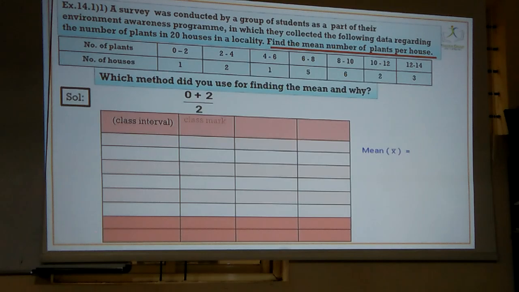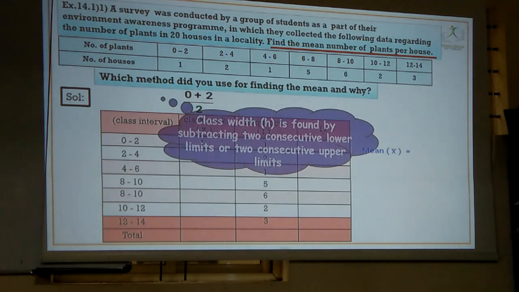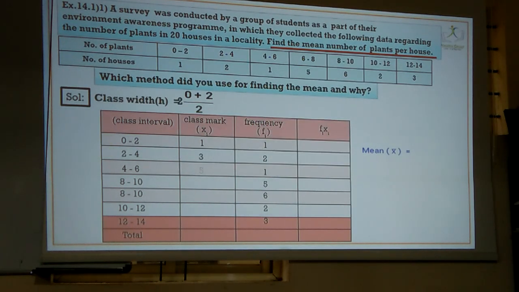For the class interval, fill the table with class marks, frequency and class width. How to find class mark? Class mark is 0 plus 2 by 2, the middle element is class mark. Multiply both of them and find out Fi Xi.